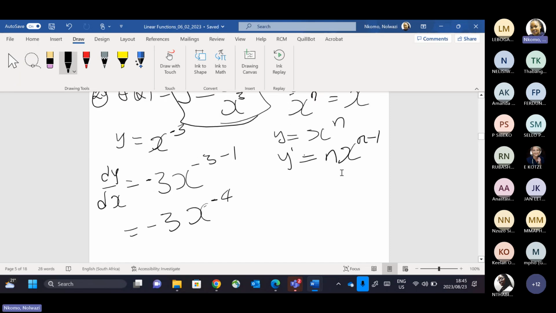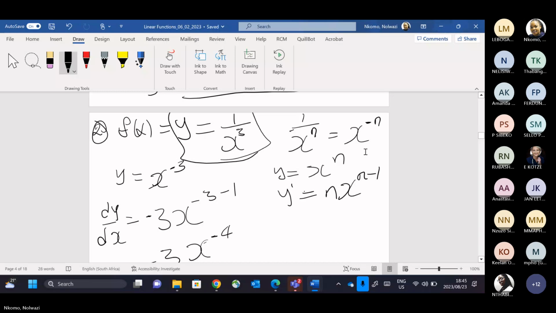Going back. Sorry about that noise, the background noise. We said if we have 1 over x to the power n, it's the same thing as x to the power minus n, right? Meaning if we have x to the power minus n, you can write it as 1 over x to the power n, right?